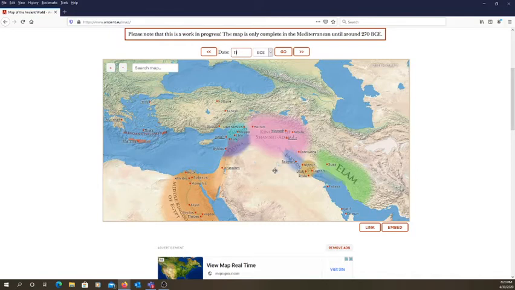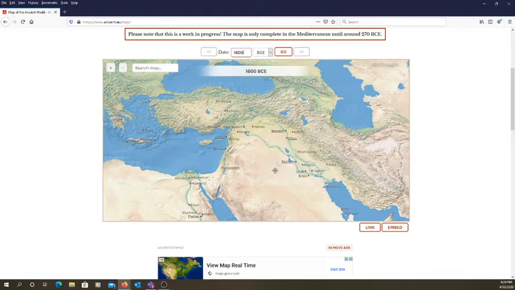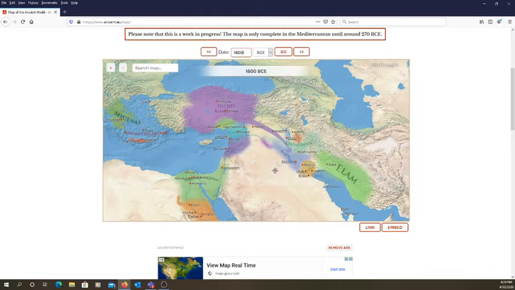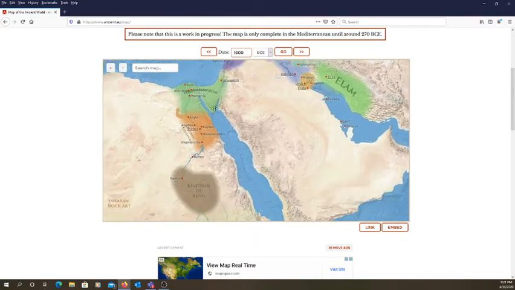1600 BC. All right, in 1600 BC, the Hittites are going to invade into the region of Babylon. Babylon is going to fall to them. Egypt is experiencing another period of violence and instability. All right.